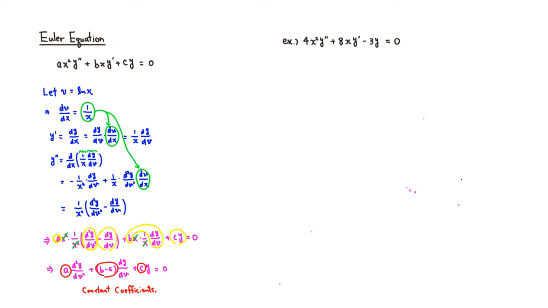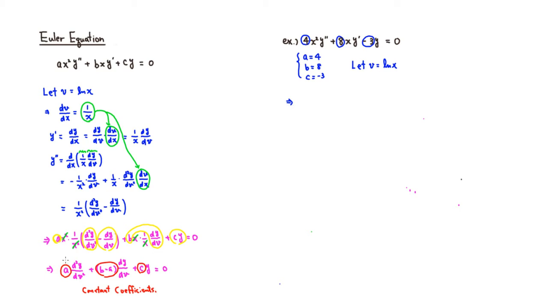All right, so we have this, and you can see that here our a is going to be equal to 4, and b is equal to 8, and c is equal to negative 3. Right? So using a substitution, we're still going to let v be equal to natural log of x. Then you will get this new equation.